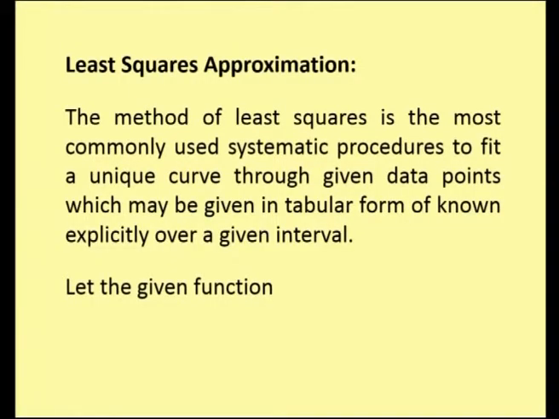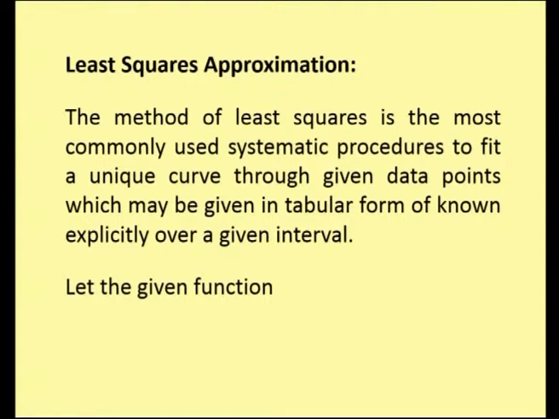That is, the error function is given a weightage as weights w of x. The method of least squares is the most commonly used systematic procedure to fit a unique curve, as discussed in the previous session, through given data points, which may be in tabular form or known explicitly over a given interval.